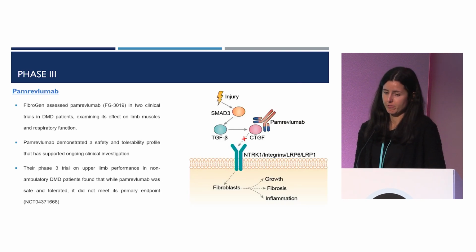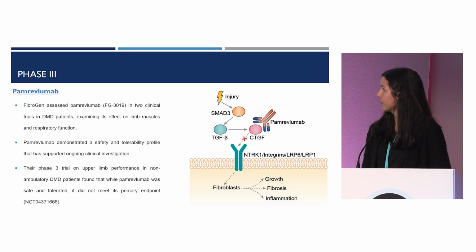Pamrevlumab is a phase 3 drug that was produced by FibroGen, and it demonstrated safety and tolerability, but in phase 3 assays, it didn't show a proper delay of the onset of the disease.